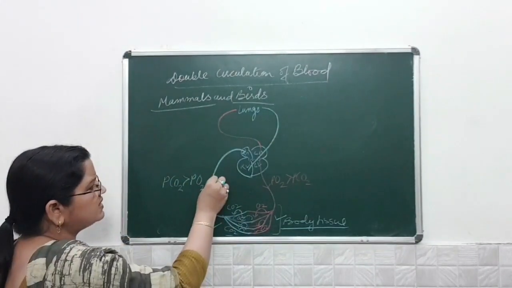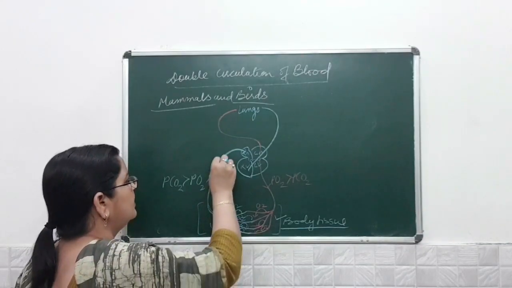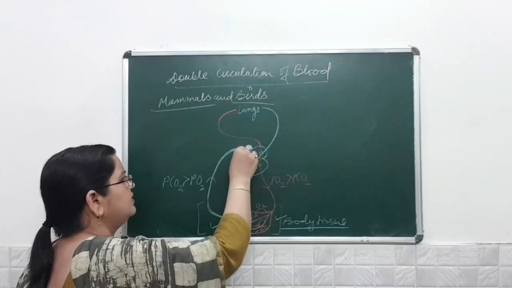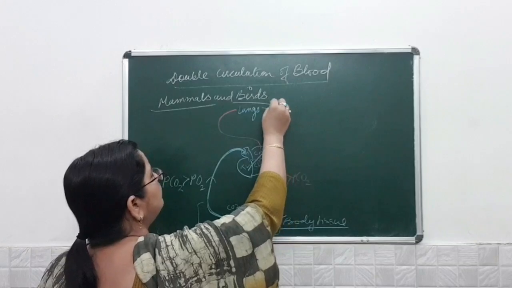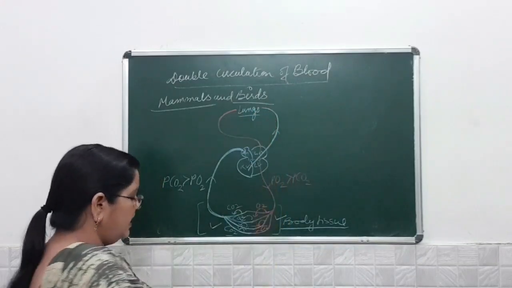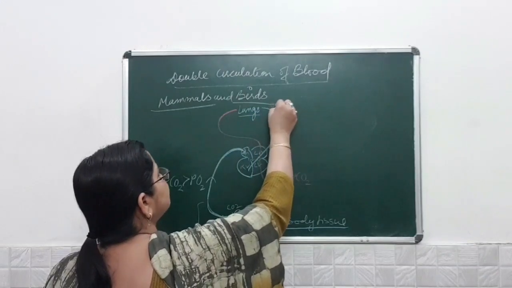This deoxygenated blood again reaches the heart and heart pumps this deoxygenated blood towards the lungs. In lungs also exchange of gases takes place.